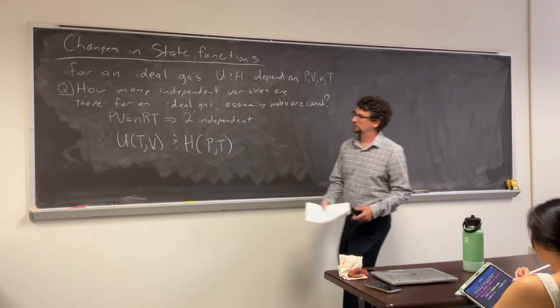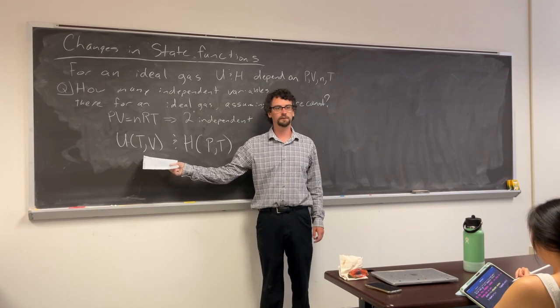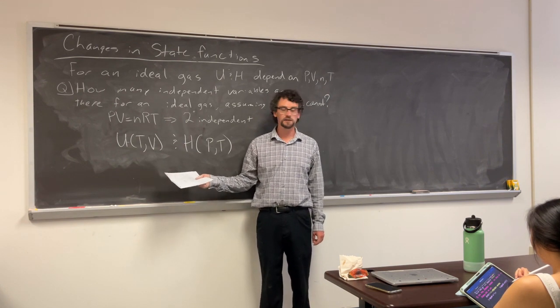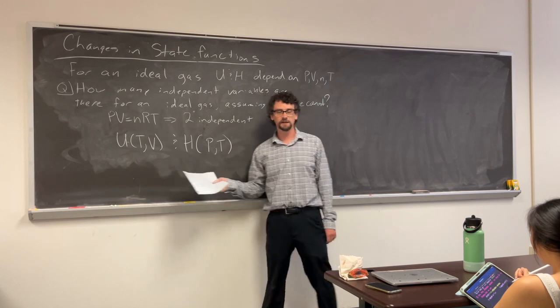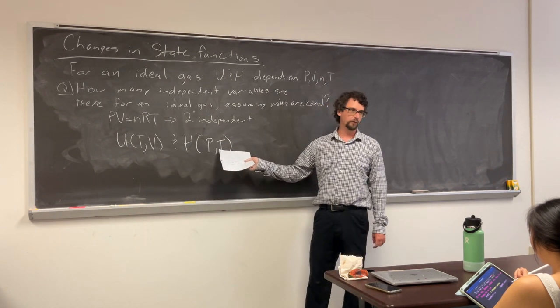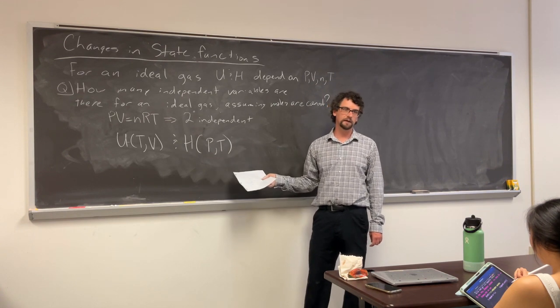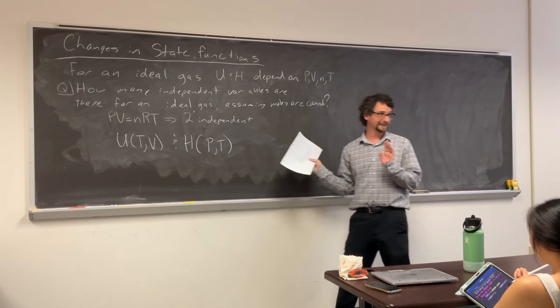Do we have to say this? What else could U be a function of? Yep, could be P. So it could be P and T or P and V. What about for enthalpy? What other ways could we express this? Yeah, volume, toss it in there. We're picking the easier ones.